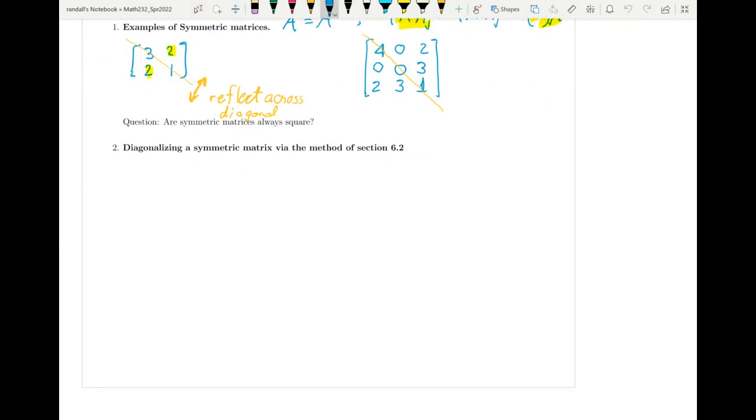Let me just remind you here again. Diagonalizing a matrix.